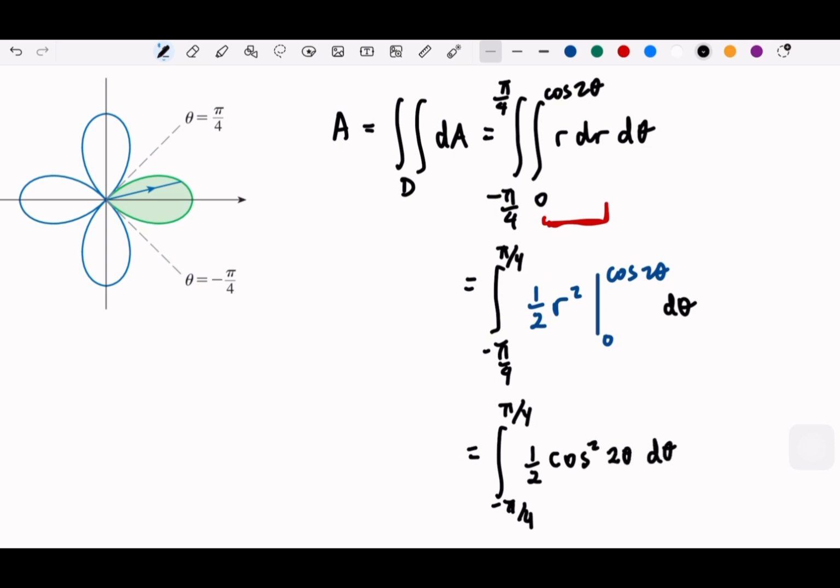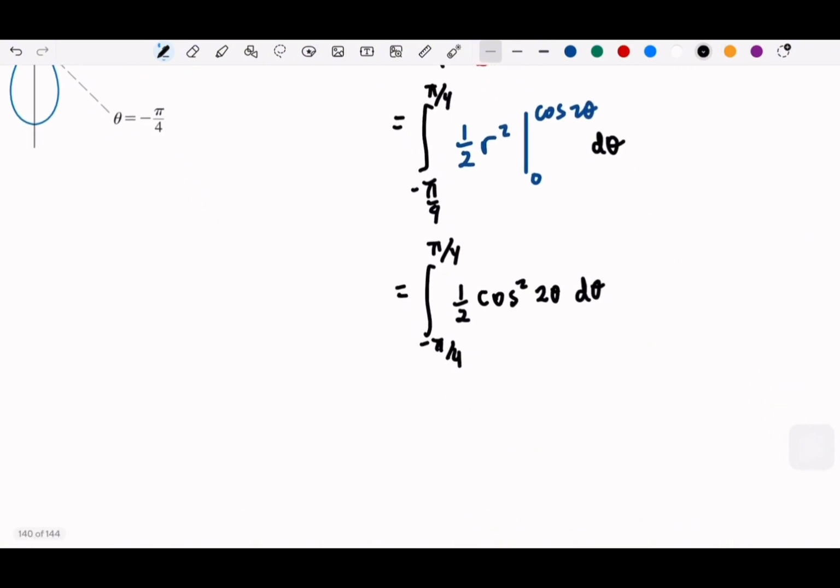And remember, whenever you have squared sine or cosine, use the double angle. So when you have 2 theta, the double angle becomes 4 theta, right? So cosine 4 theta will be 2 cosine squared 2 theta minus 1, right?